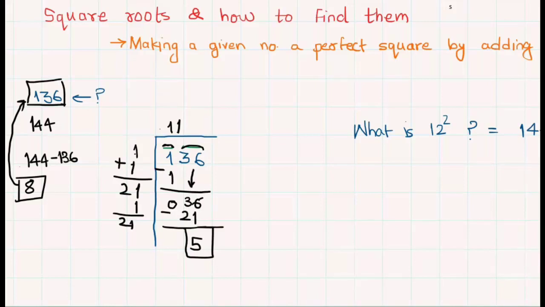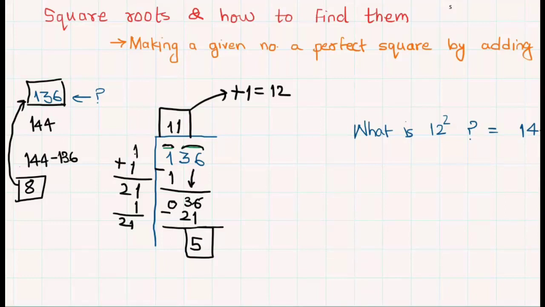Now, in case we have to make a perfect square by adding some number, we don't go to the remainder. We go to this square root here. And what do we do to that square root? We take it out and add 1 to it. What do we get? 11 plus 1 is 12.